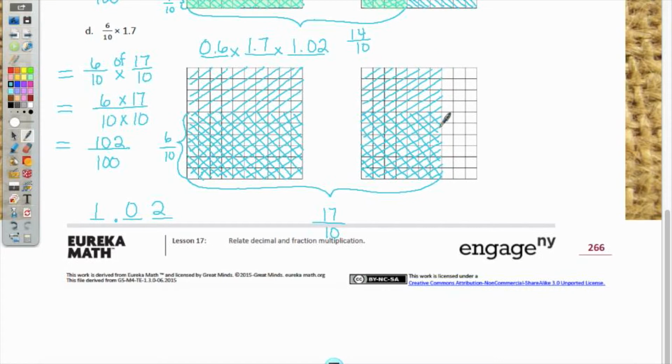Oops, I made a mistake. I have to keep going, don't I? And then highlight. I suppose when this is all said and done, it's going to be 102 boxes.